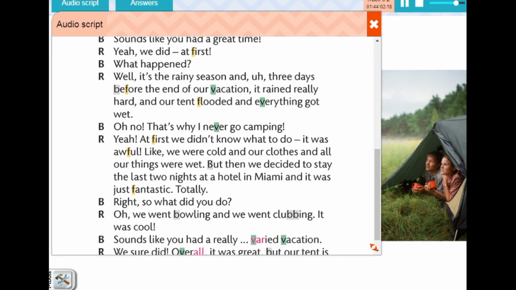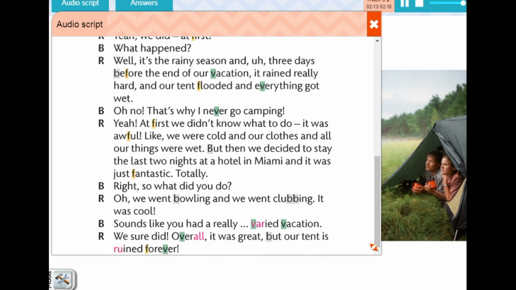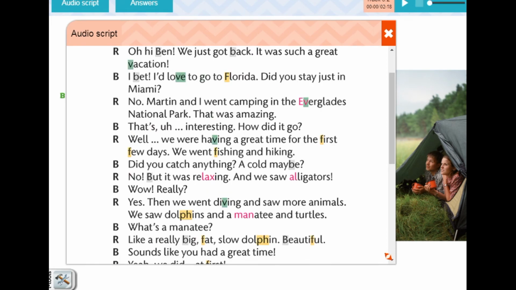Like we were cold and our clothes and all our things were wet. But then we decided to stay the last 2 nights at a hotel in Miami, and it was just fantastic. Totally. Right. So, what did you do? Oh, we went bowling and we went clubbing. It was cool. Sounds like you had a really varied vacation. We sure did. Overall, it was great, but our tent is ruined forever.